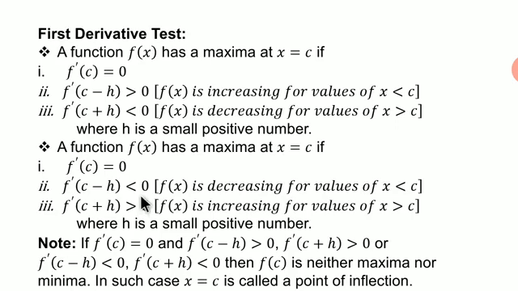That means opposite values are there. But here we observe when they have the same values. Same means if both are positive or both are negative. At that time, the function is neither maxima nor minima, and that point is called as point of inflection. Now we solve examples.